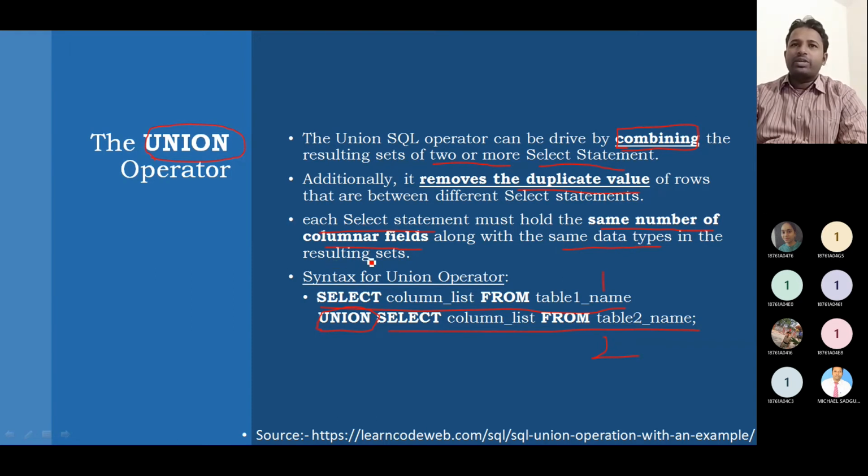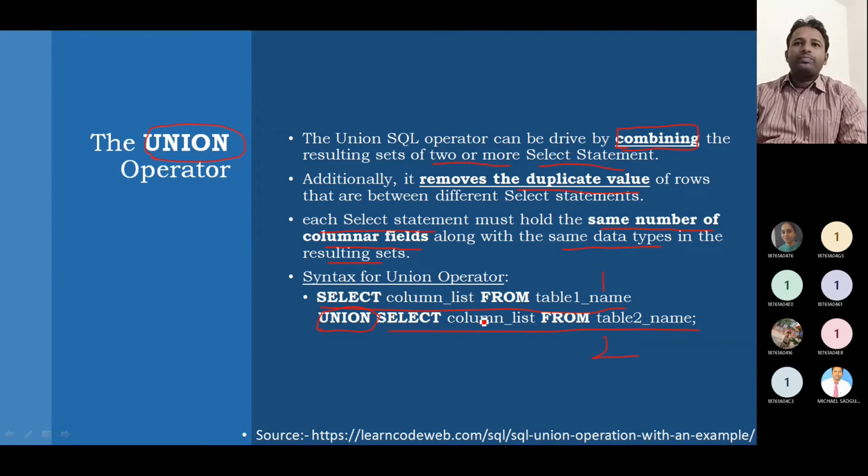Each select query will return a table kind of data, and another select query will return another table kind of data.